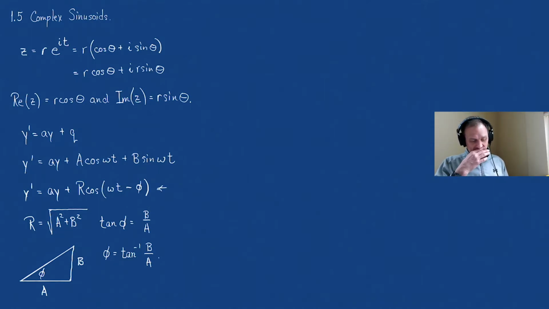Now we're going to go one step further. But look at what we just said. If we have complex numbers, I want to think of this equation now as a complex equation.